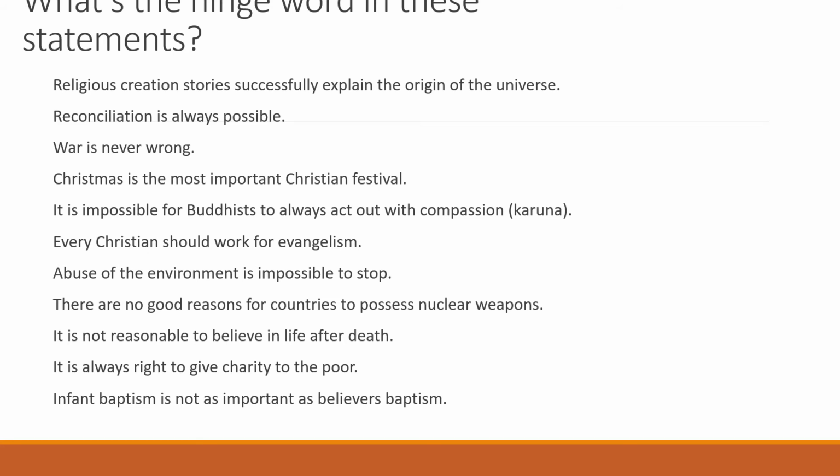Please pause the video so you can do it yourself. So these are the hinge words, and you should constantly use them within your answer. Make sure those words are constantly used in your answers, because the thing is, it's saying reconciliation is always possible. It's not saying it's sometimes possible. And those key words, if not read properly, can really determine and really limit the marks you can get, because you might be arguing the wrong thing.